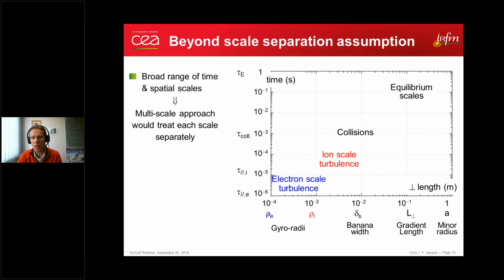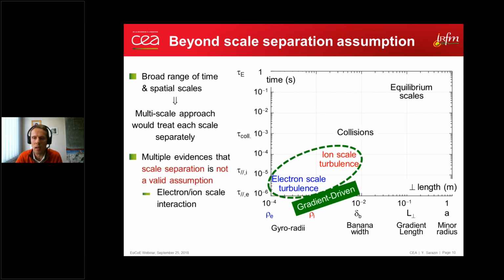So you go from the electron cyclotron radius, which is of the order of 10 to the minus 4 meter, up to the minor radius, a few meters. So you have 4 orders of magnitude in space, and in time you have basically 6 orders of magnitude. Covering all those scales at once is not affordable with present-day machines.